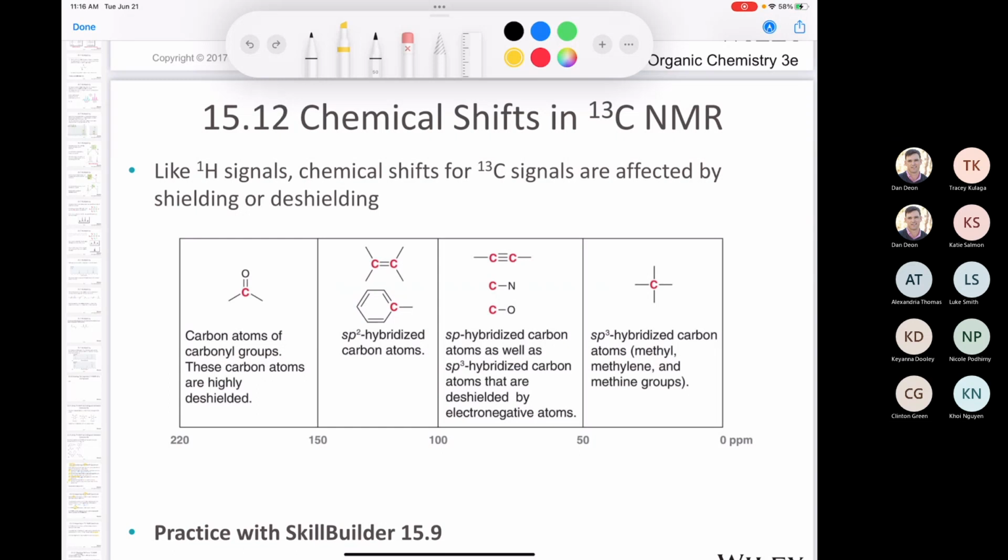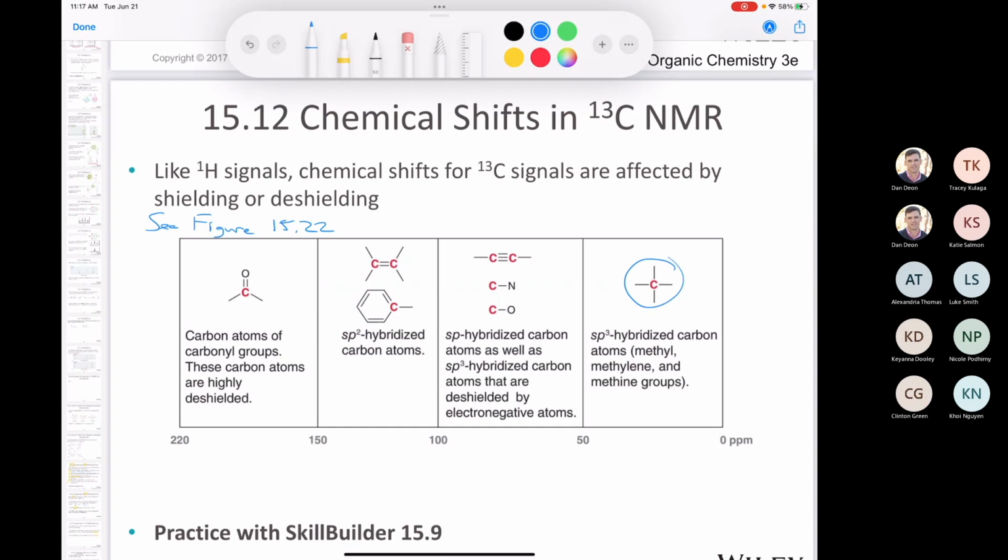If you looked at the table of IR and NMR shifts, and I know you all have, these are the ones that we provide for you. We don't give you these little structures here, but we basically just tell you this is where you're going to see your chemical shifts. So this is kind of like a version of figure 15.22. Let's take a look.